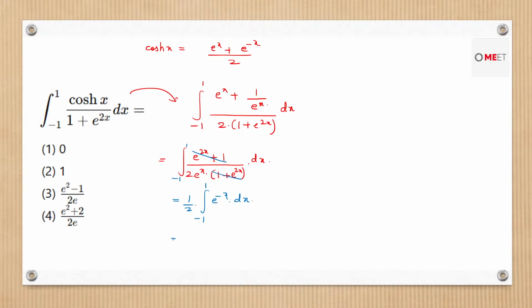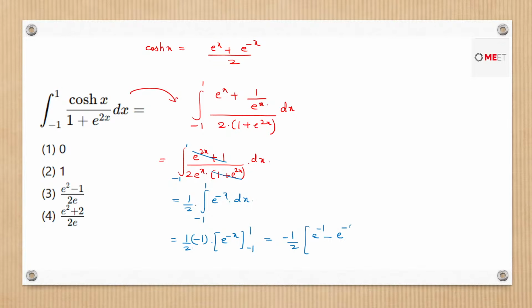So this is 1 by 2. Integration of this is -1 into e power minus x, from -1 to 1. That is minus half into the upper limit 1, that is e power -1, minus the lower limit, e power minus of -1.